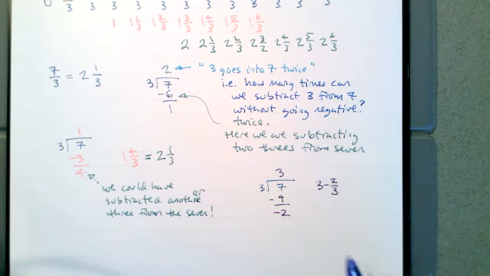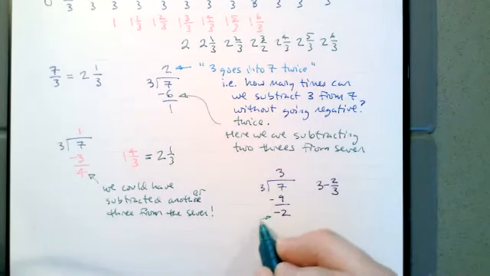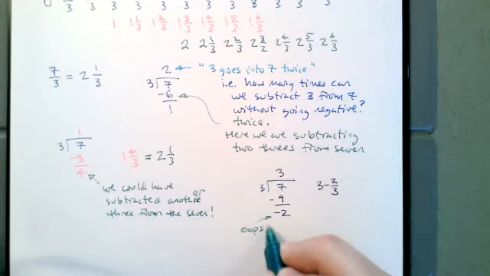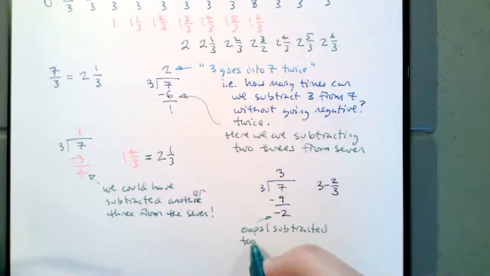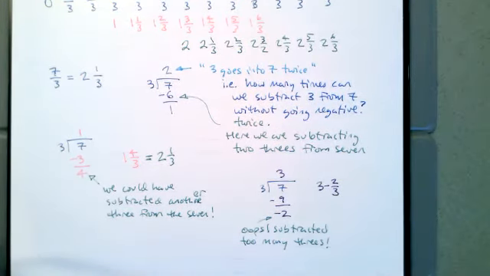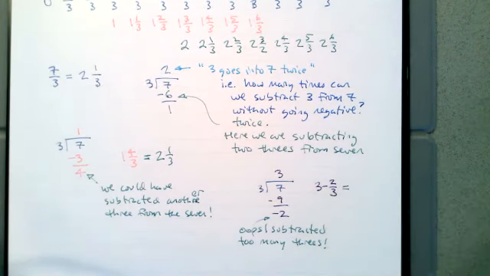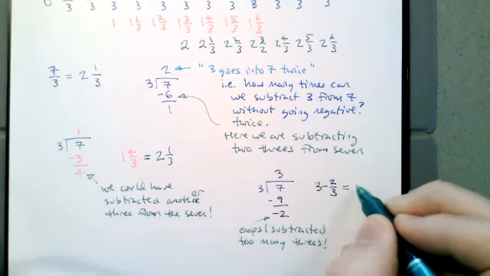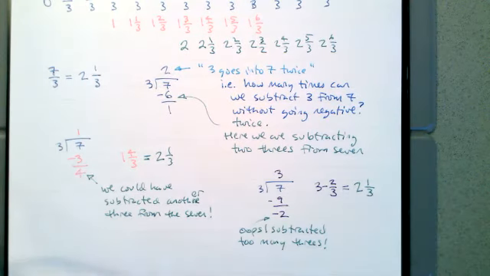So I go, oh, dang, I took too many 3s away. Whoops, we subtracted too many 3s. But 3 minus 2/3 is equal to 2 1/3. This is the great thing about the long division process.